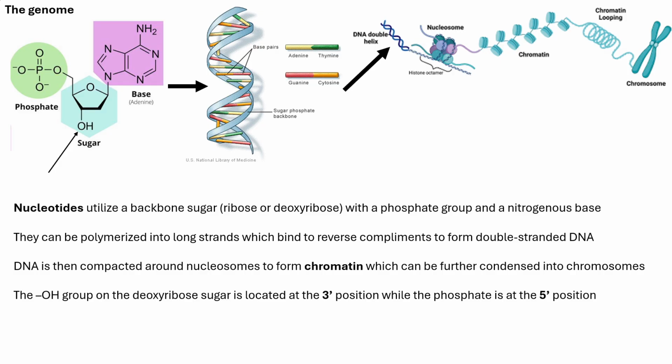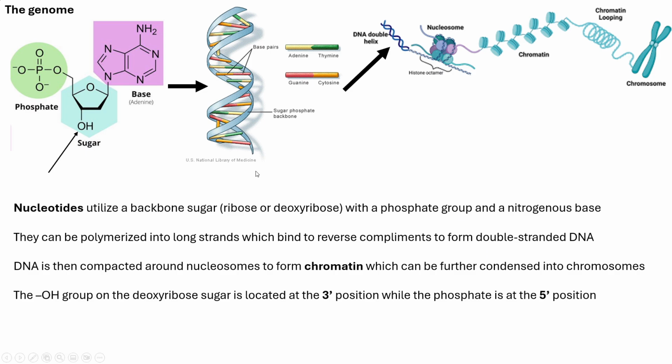So then we get into composing the genome. These special molecules are called nucleotides, and they utilize a sugar backbone, like glucose, fructose, whatever. These are just another ose. Some common ones in the genome are ribose and deoxyribose.